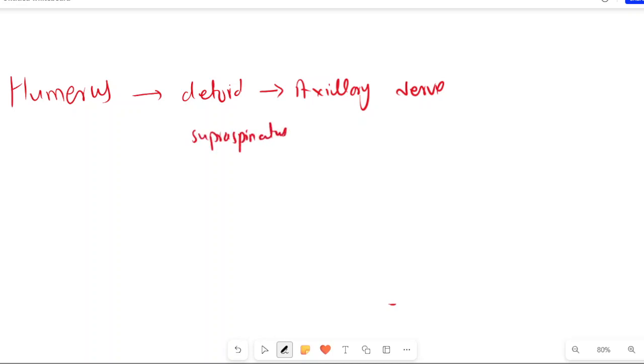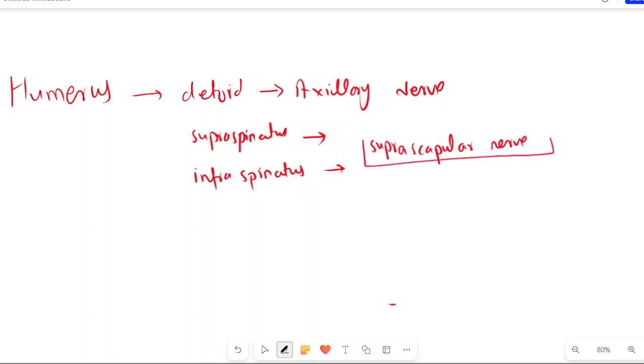Supraspinatus and infraspinatus are both supplied by the suprascapular nerve.